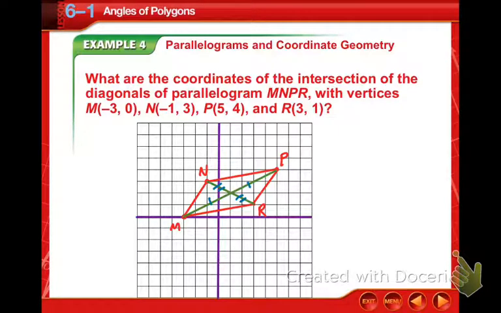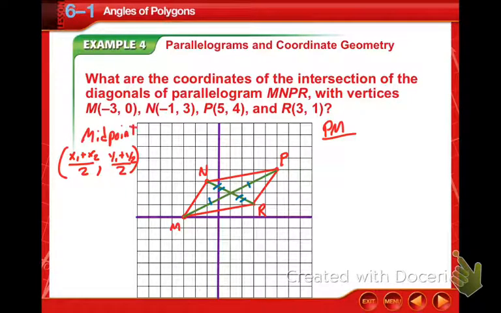So, midpoint for PM. If you remember the midpoint formula, I'll write it off to the left here. That's going to be x1 plus x2 over 2, and y1 plus y2 over 2. That's your midpoint formula. Hopefully you guys remember that.